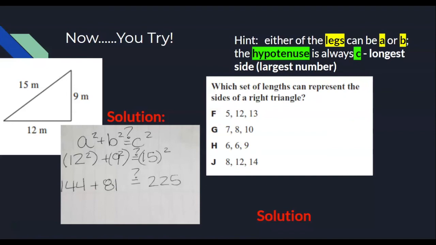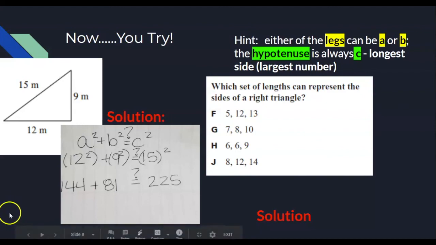So 12 and 9 are the legs because they are the two smaller numbers. 15 is the largest number, so therefore it is the hypotenuse. We square the numbers to see if they are equal. We get 144 plus 81 is equal to 225. Those two sides are equal, so the answer should be yes.